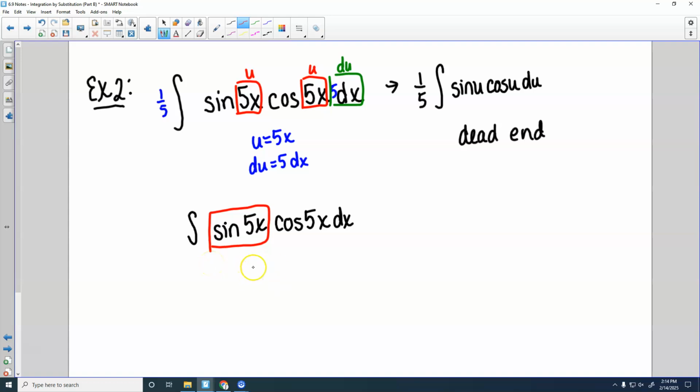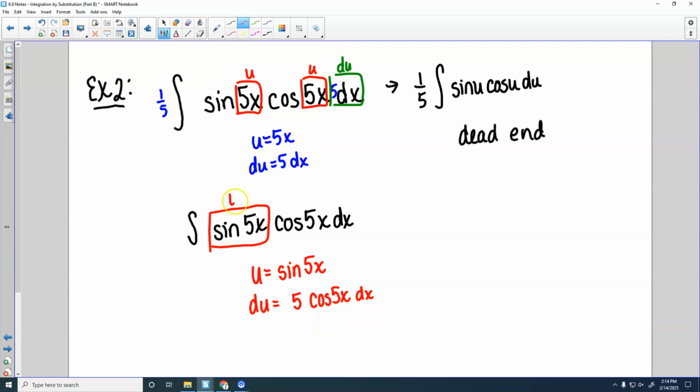So u equals sine of 5x. What is du? It would be cosine of 5x, but I'd have to use a chain rule to take that derivative. And the derivative of the inside is 5, so I'd have to multiply by 5 out front, and I'd put a dx over here on the end.